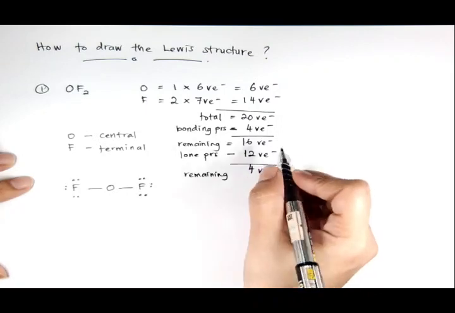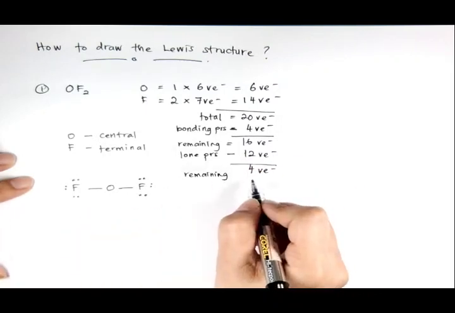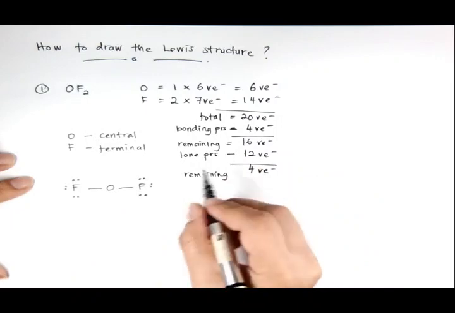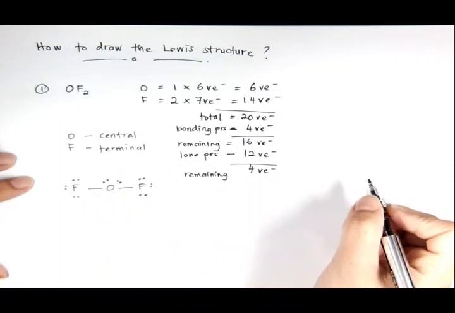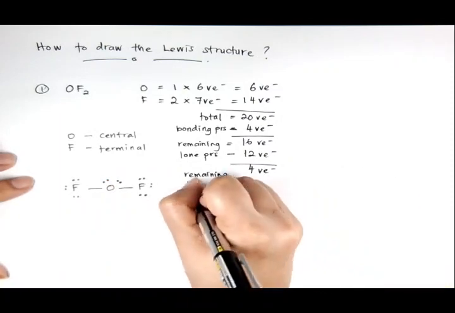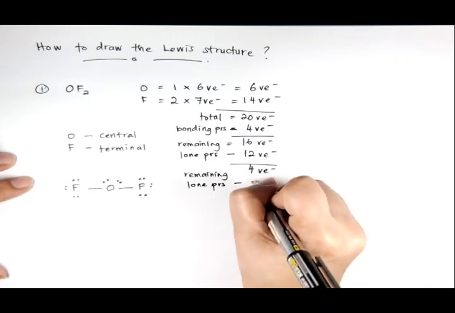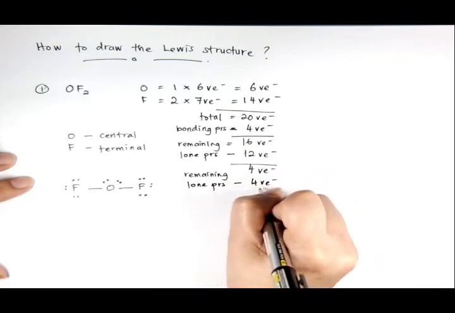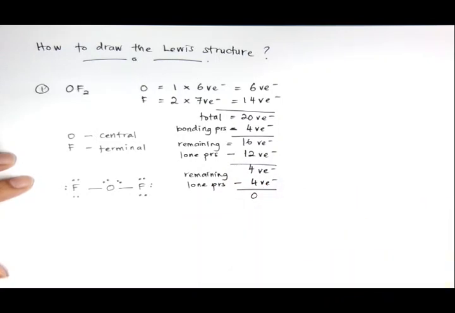These 4 remaining electrons will be distributed to the central atom as lone pairs. This lone pair has used 4 valence electrons, so it shows no more electrons left. So now we have already distributed all the valence electrons to the 3 atoms involved in the molecule.